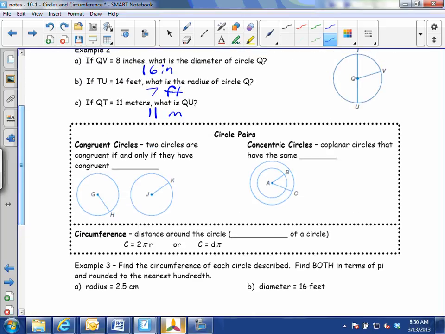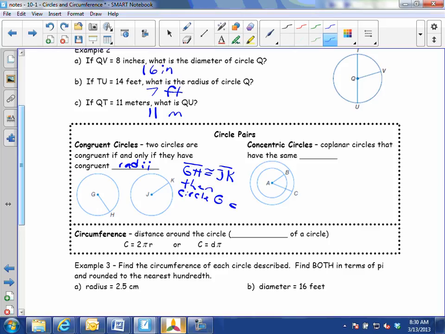All right, circle pairs. We have congruent circles. Two circles are congruent if and only if they have congruent radii. So in other words, if GH is congruent to JK, then I can say that these two circles are congruent.